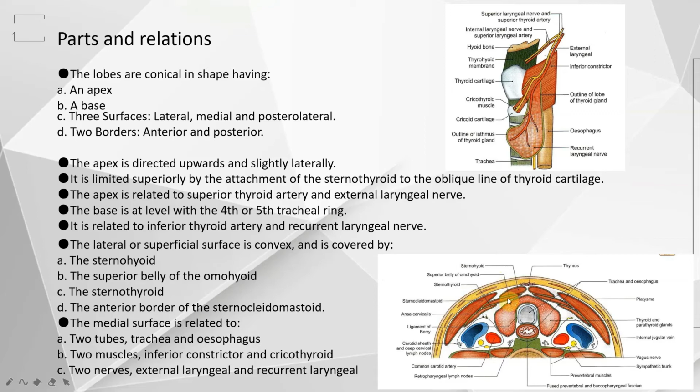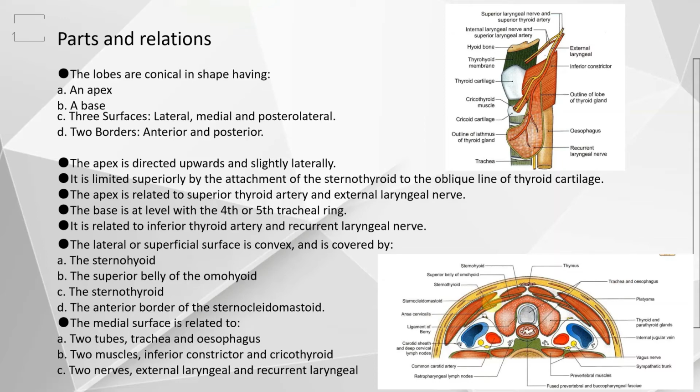B. Superior belly of omohyoid right here. C. The sternothyroid right here. D. The anterior border of sternocleidomastoid right here.